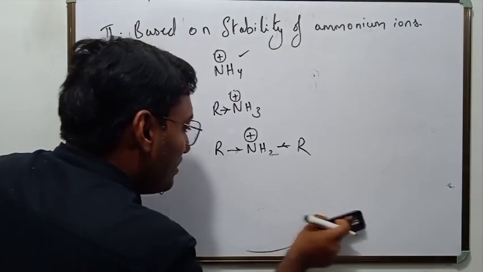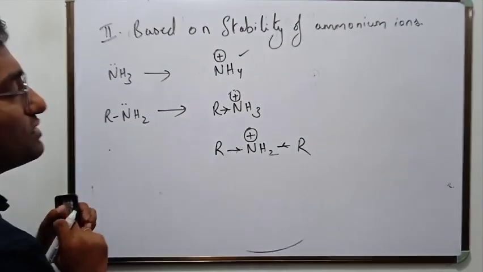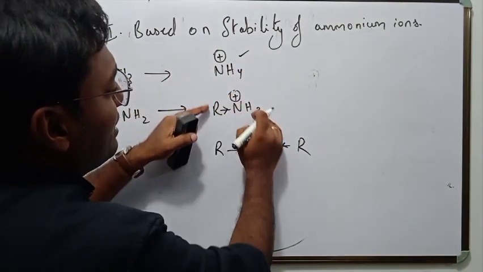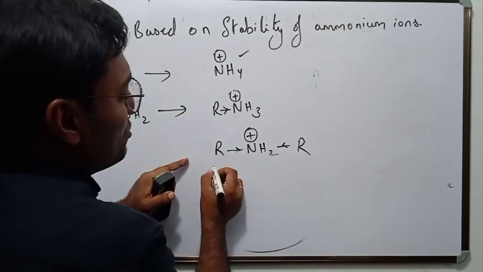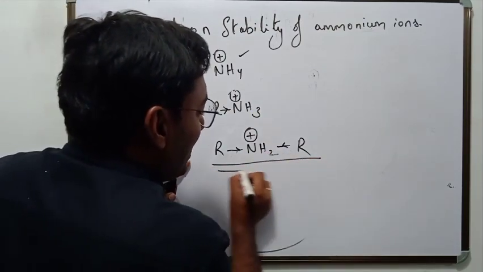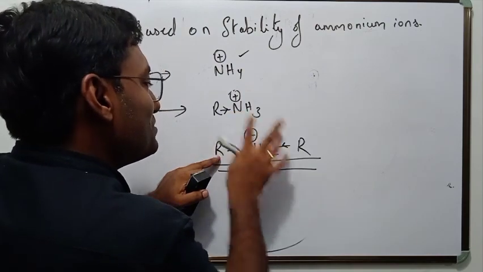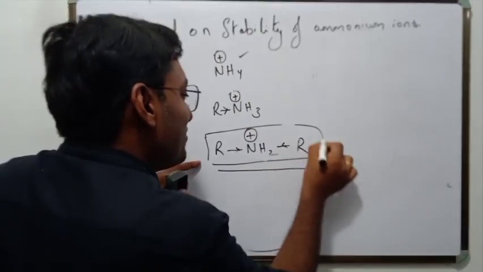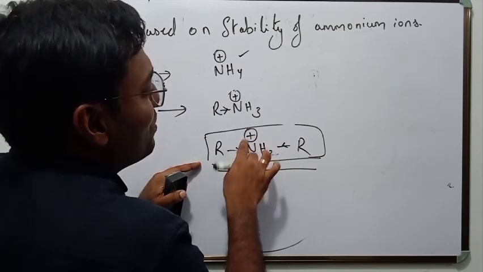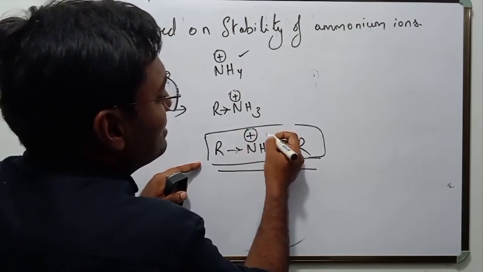Here also the tertiary amine loses, and the ultimate winner is the secondary amine, because H can enter. Its formation is much favored because its positive charge is greatly reduced and it is more stable.